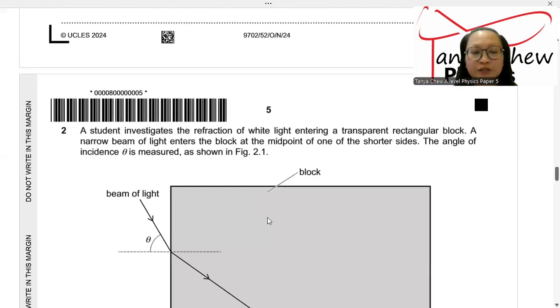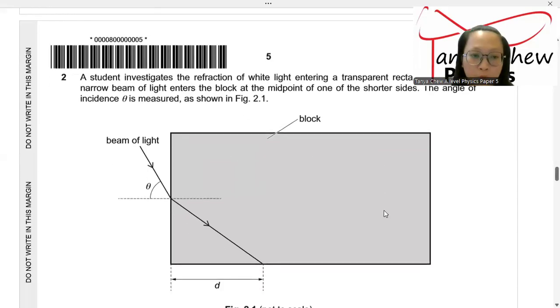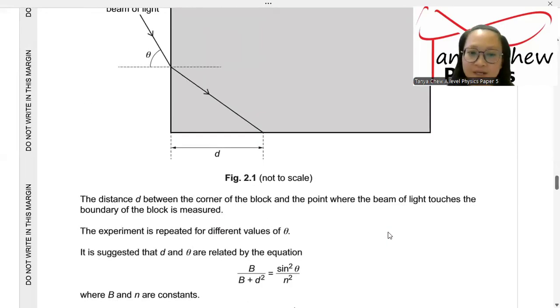Now, question number 2. A student investigates the refraction of white light entering a transparent rectangular block. A narrow beam of light enters the block at the midpoint of one of the shorter sides. The angle of incidence theta is measured as shown in Fig 2.1. The distance d between the corner of the block and the point where the beam of light touches the boundary of the block is measured.